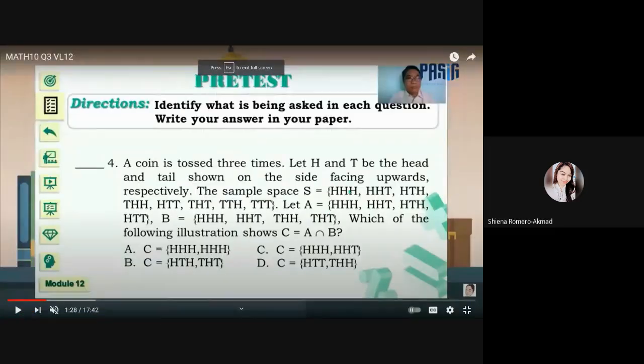When we say sample space, yun yung mga possible outcomes. Ano yung mga pwedeng maging resulta. Okay? And we have here event A. Binigay niya yung event A. And ito naman yung event B.